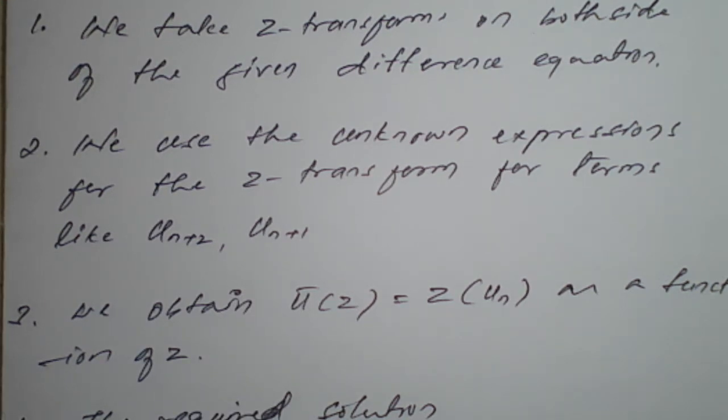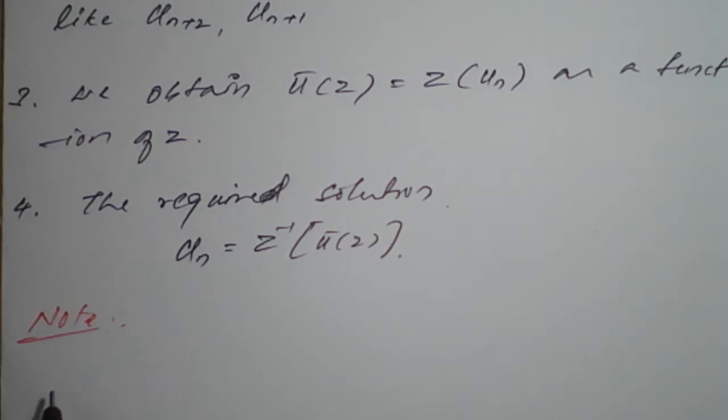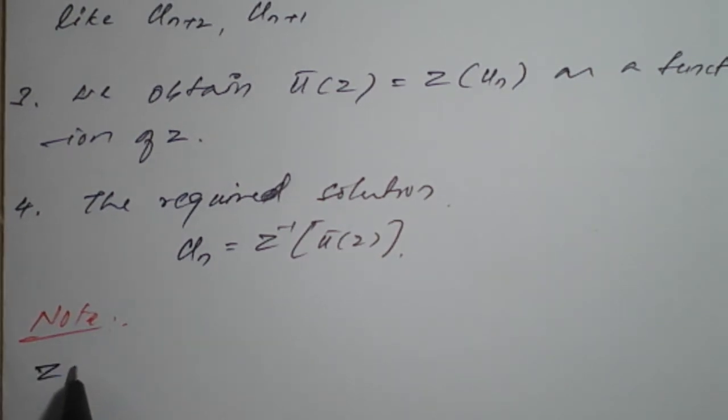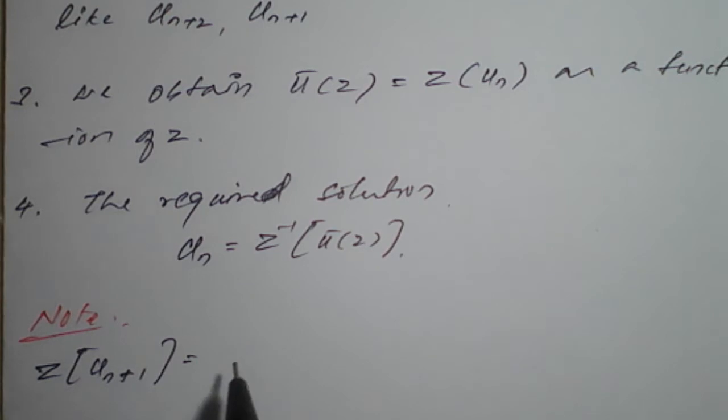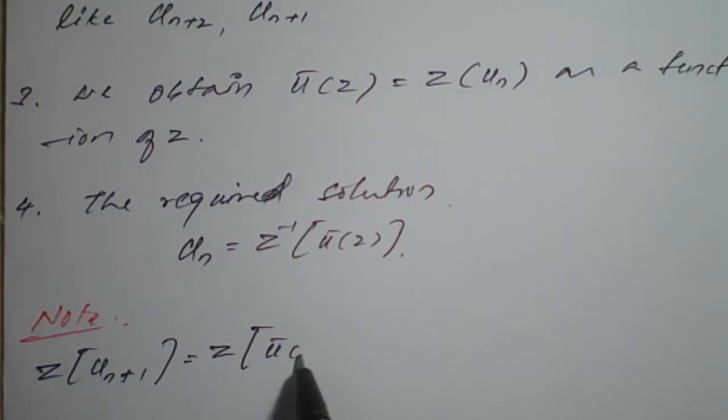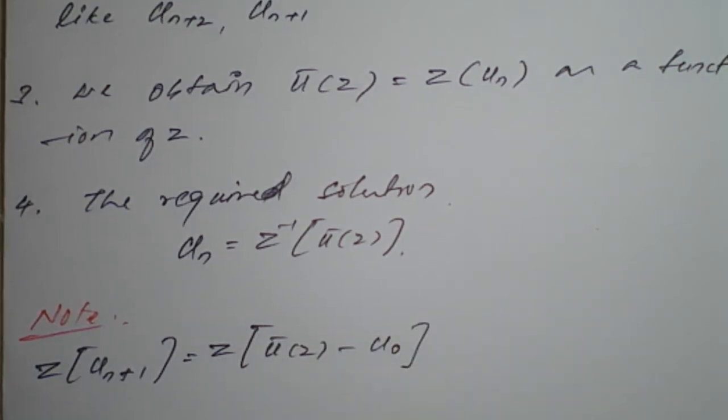So we'll take in the form Z transform of un plus 1 will be Z transform of, that is Z into u dash of z minus u naught.